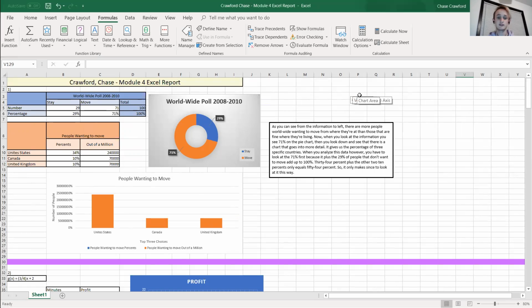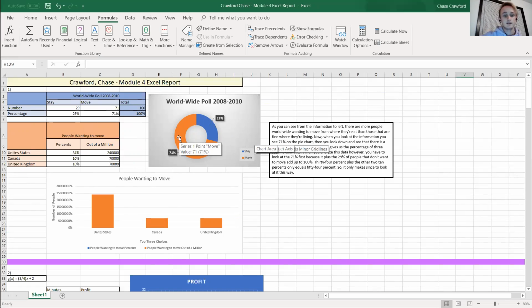And so you can see on this little pie chart that 71%, which is the orange, the bigger half of it, are the people that want to move, guided by the key down here in the bottom right corner. And the 29 is the people who don't want to. But today, we're going to focus on the orange, the bigger part.